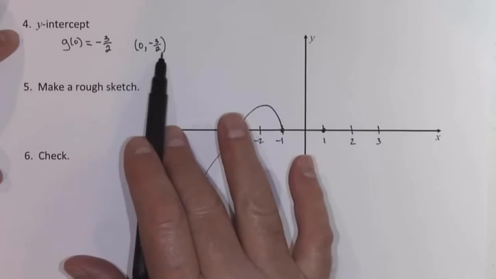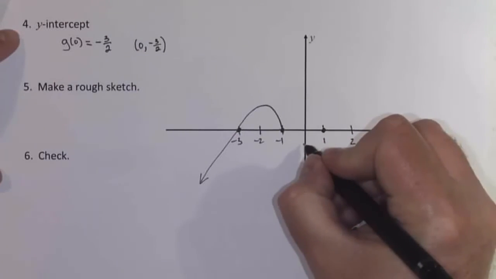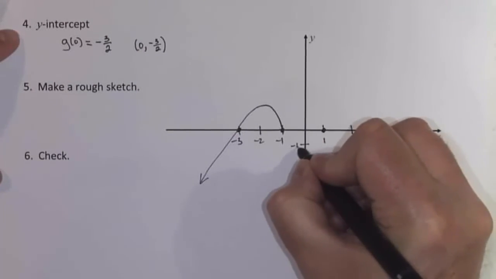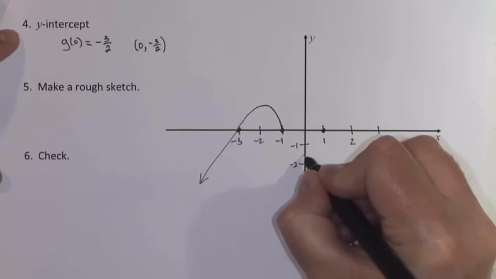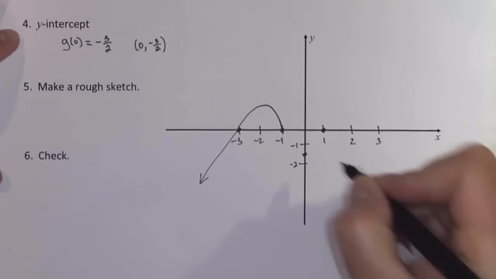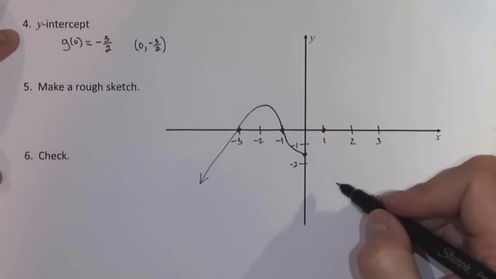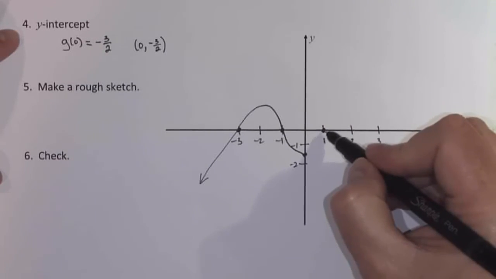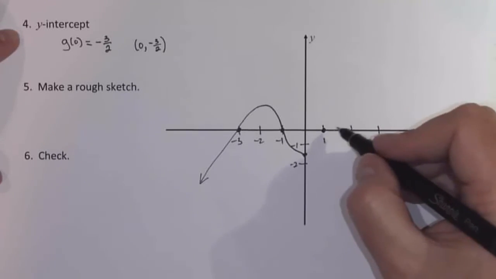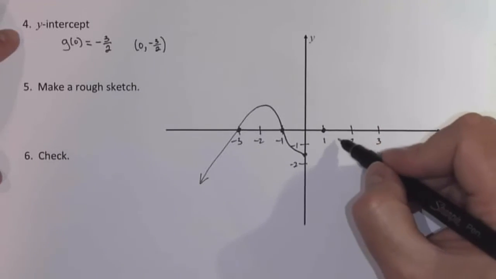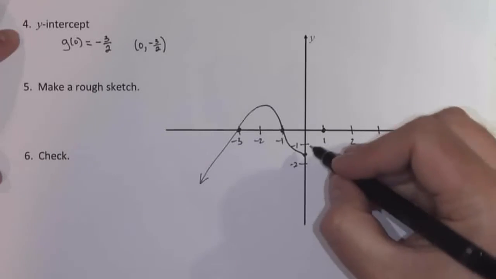Now we also know we have a y-intercept at 0, -3/2. So if here is -1 and if here is -2, then -3/2 would be here. We have a y-intercept. So we've got to come down and cross at the y-intercept. Okay, we have to come back up in order to have this x-intercept, but we have to stay below the x-axis when we're to the right.